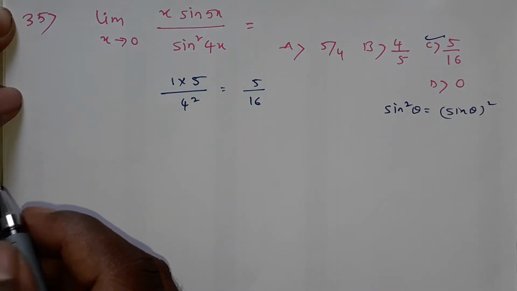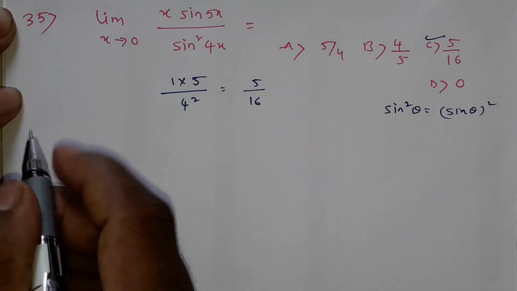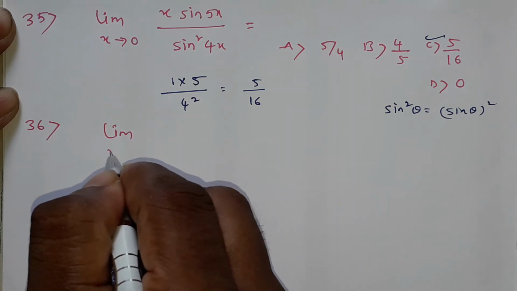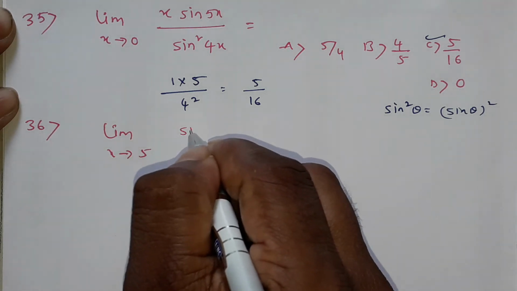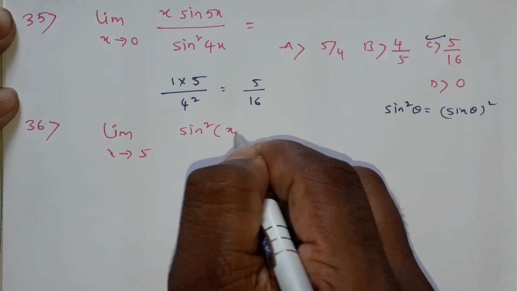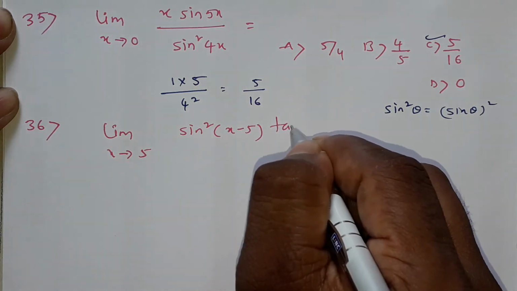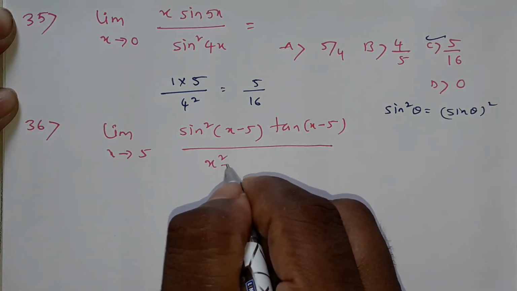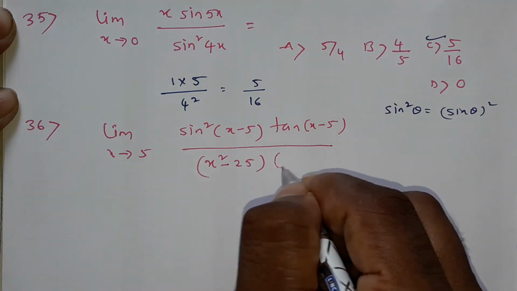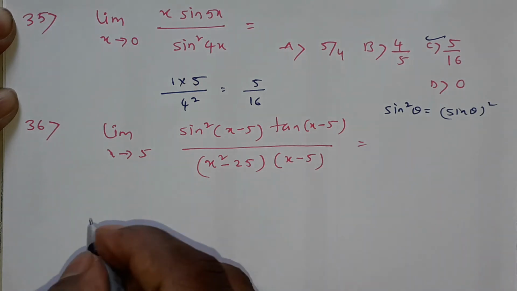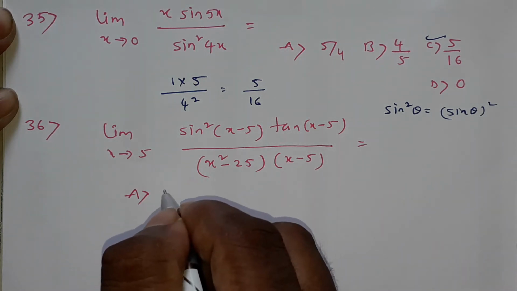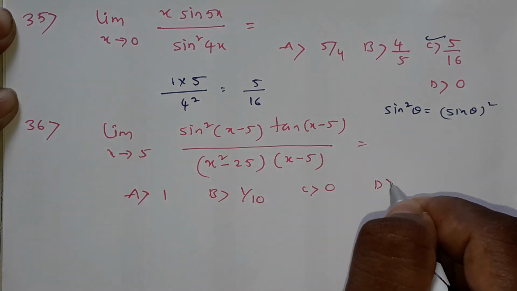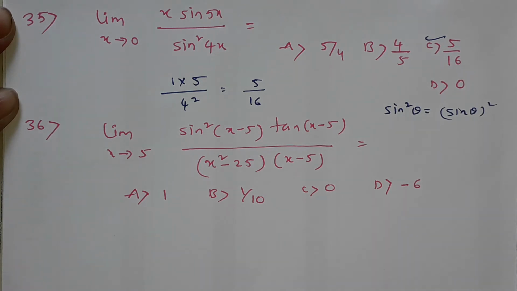Next question is 36. Here limit x tends to 5 of sin square x minus 5 into tan of x minus 5 by x square minus 25, x minus 5 equal to, option A is 1, option B is 1 by 10, option C is 0, option D is minus 6.